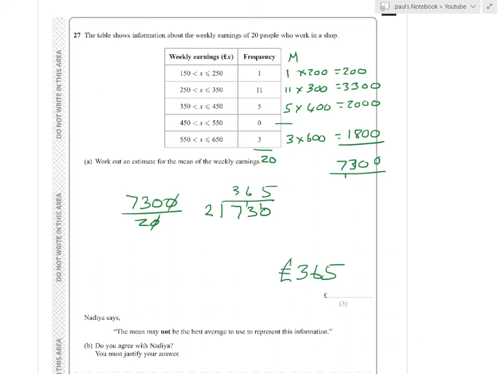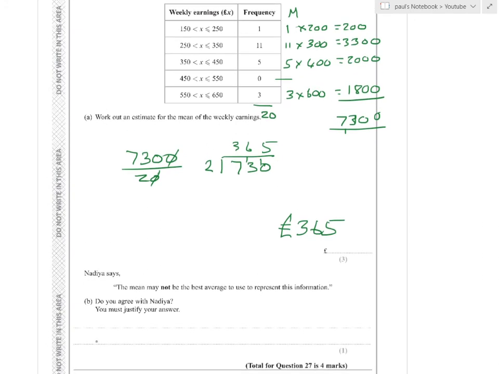The mean may not be the best average to represent this information. Do you agree? Yeah, I suppose I do. Because it includes what we call outliers.